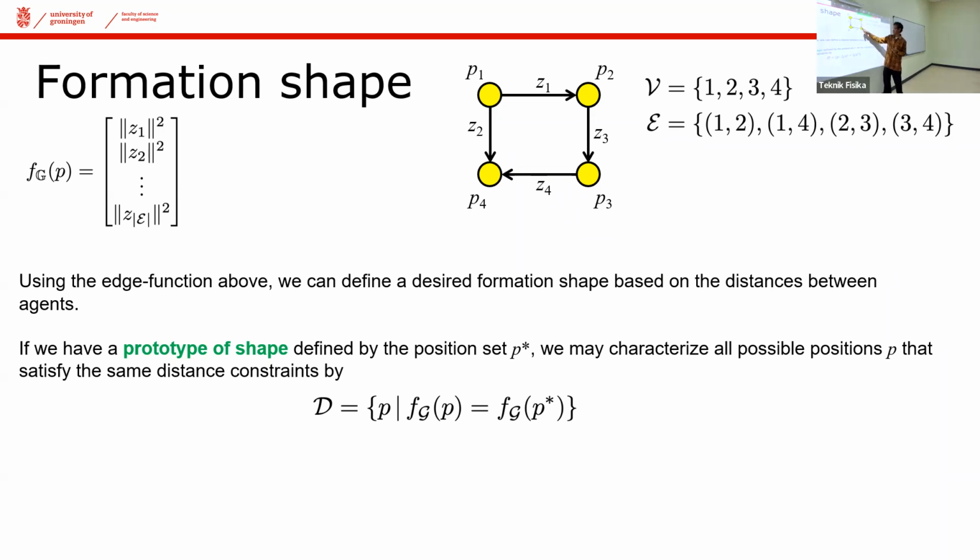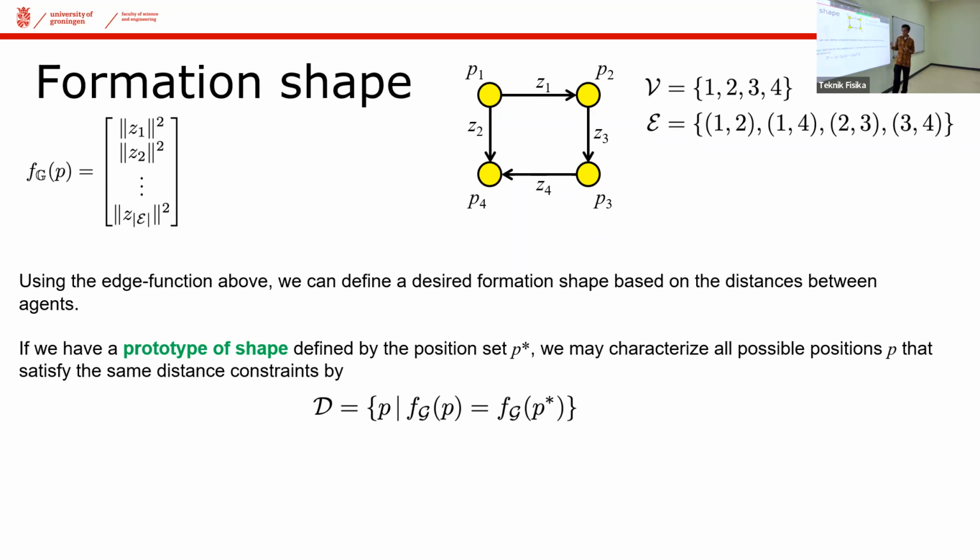They have to maintain a distance of 1 from each other, and it will create a square. Then we can call it our prototype of a shape.